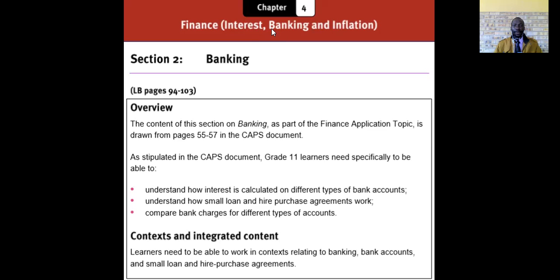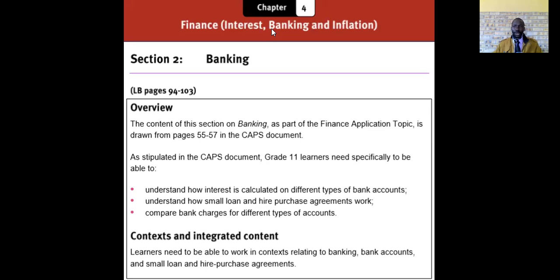Now in banking, we are going to discuss a number of things. In the finance application topic, by the end of this second section, you will be able to understand how interest is calculated on different types of bank accounts.